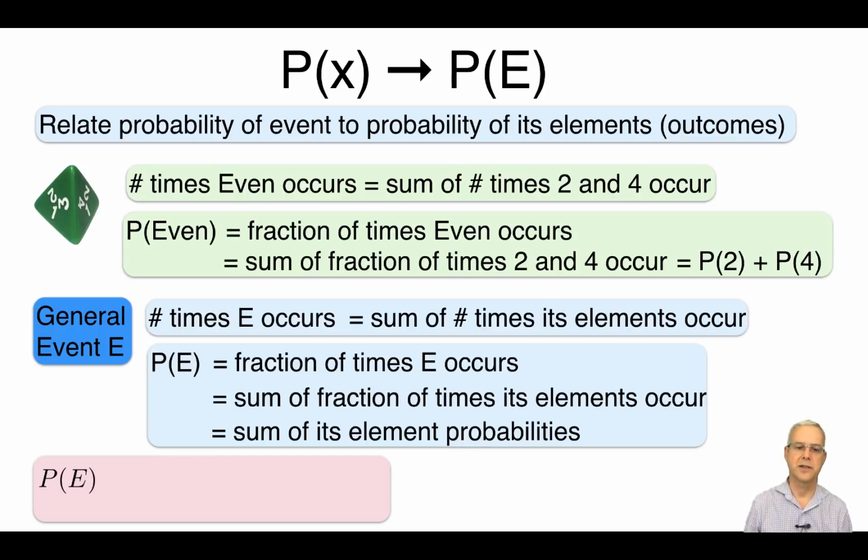Therefore we get that the probability of an event E, which is the probability that X, the random outcome, belongs to E, is just the summation of the probability of each element in E. Right.